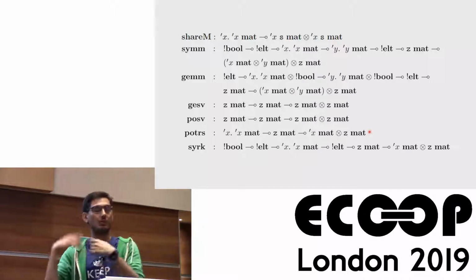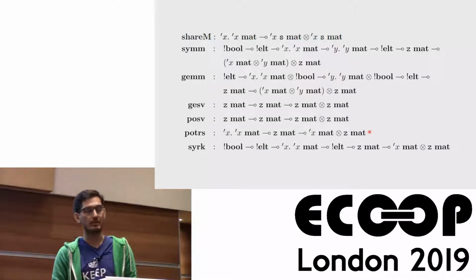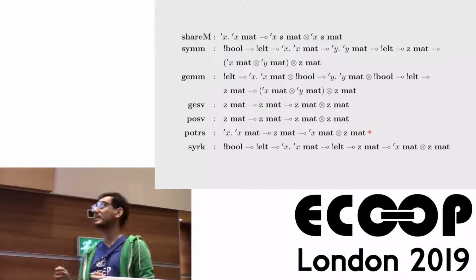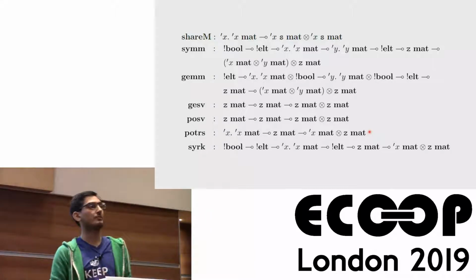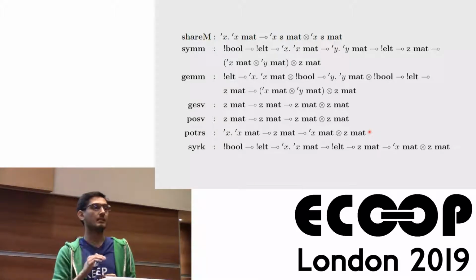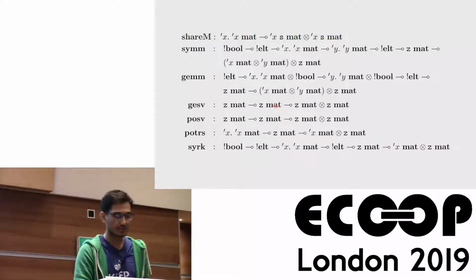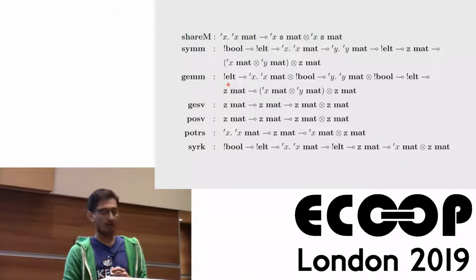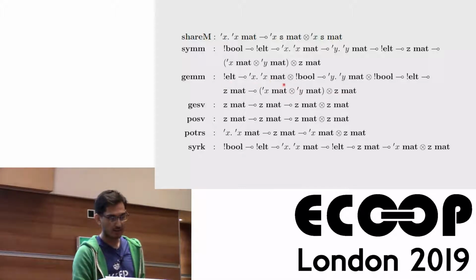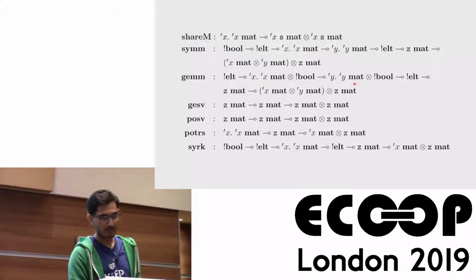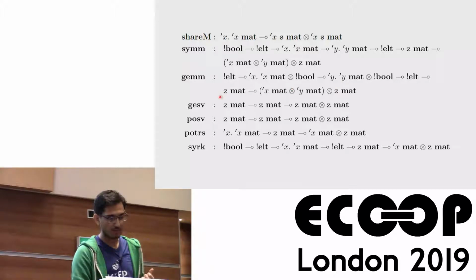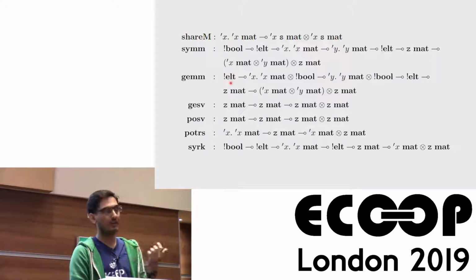For example, we'll see one later where we use it for squaring a matrix. Another example is GEMM. GEMM stands for generic matrix multiplication, and that is exactly the C equals A times B plus C that we saw earlier. In this case, this is the A parameter, this is the B parameter, and the matrix that you own and modify is C. The extra things here are for scalars, for alpha A, for example.